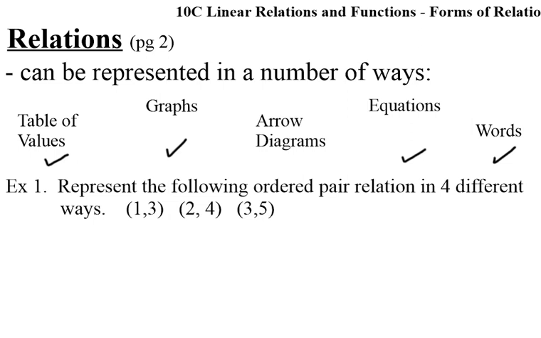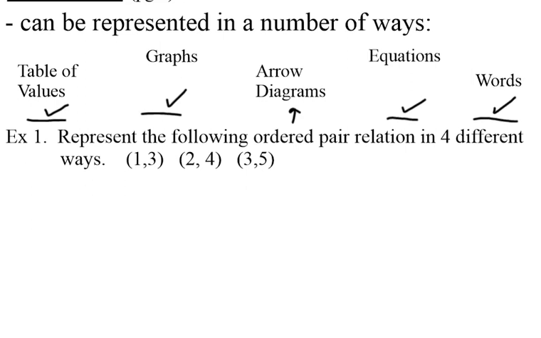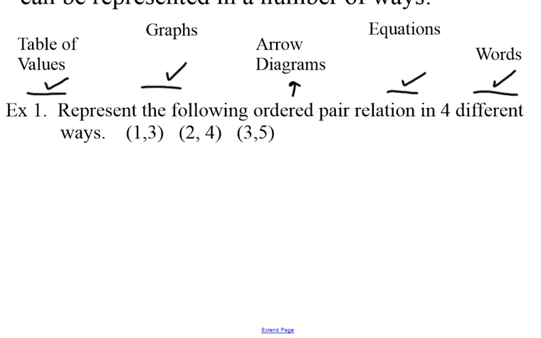One situation could be shown or explained 4 different ways. The last way, the arrow diagram, is another way to show that relation that we'll look at in a couple of minutes. But let's start by looking at example 1 on this page.